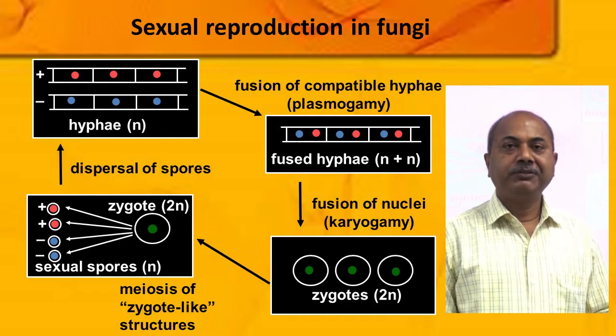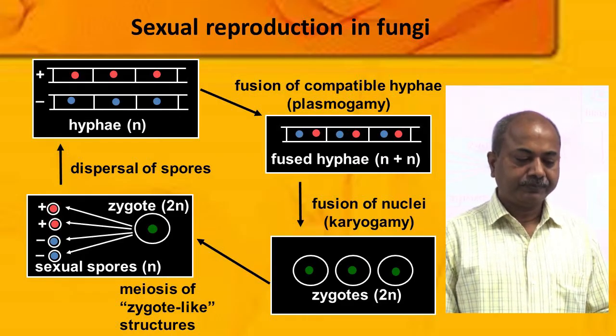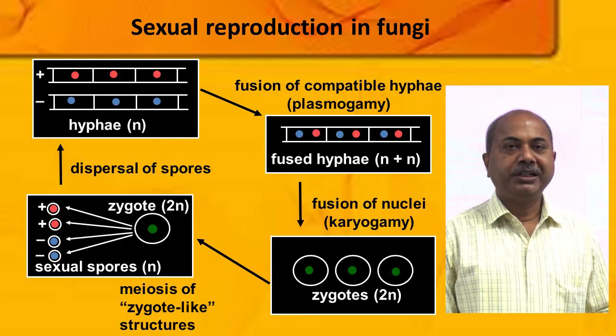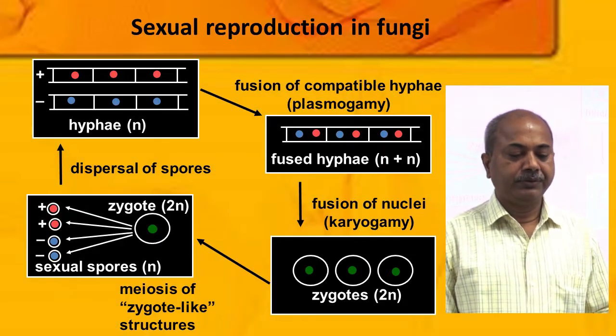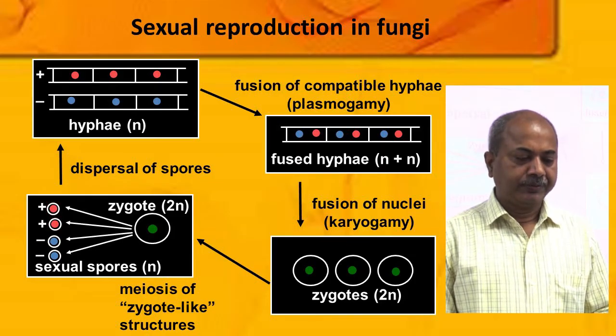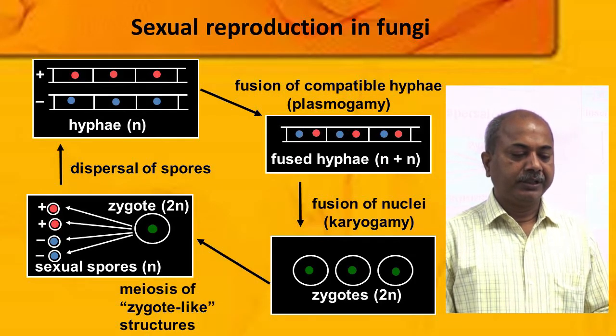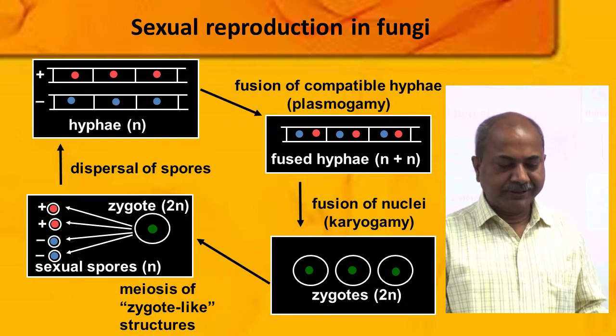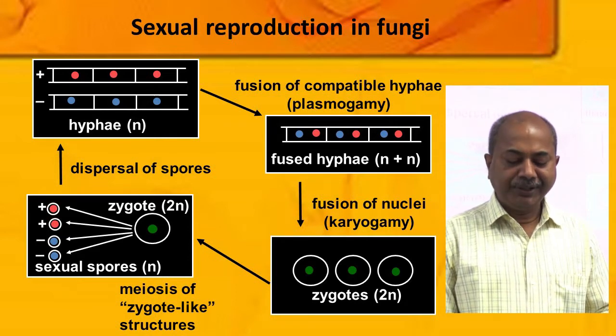This other division is known as equational division. As a result, 4 haploid cells are produced, and these spores can be dispersed and germinate into new hyphae.